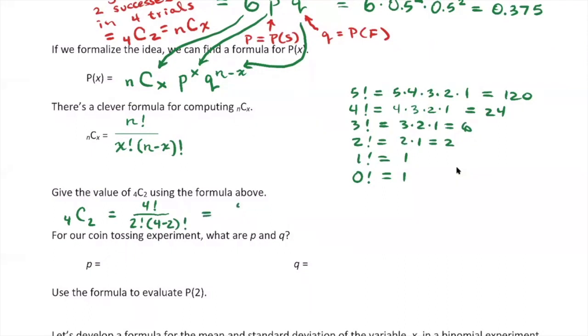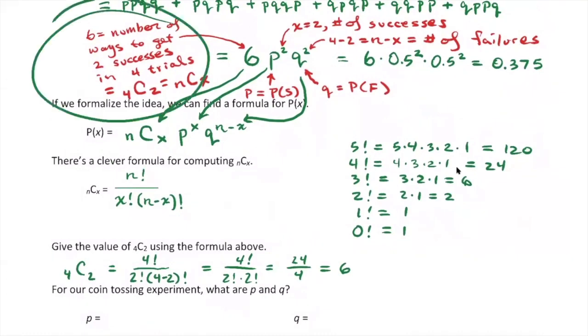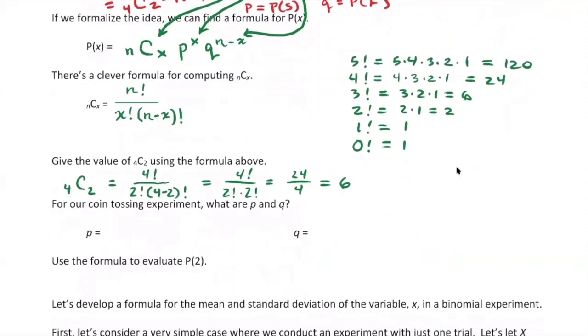So 4 factorial on top, you have a 2 factorial and another 2 factorial in the bottom. 4 factorial, as you know, is 4 times 3 times 2 times 1, which is 24, over 2 factorial times 2 factorial. 2 times 2 is 4. Okay, 24 over 4 is 6. And remember, we knew that 6 up above here was the number of ways to get 2 successes in 4 trials. So we already knew what 4 choose 2 is, but we've just shown how the formula works here.